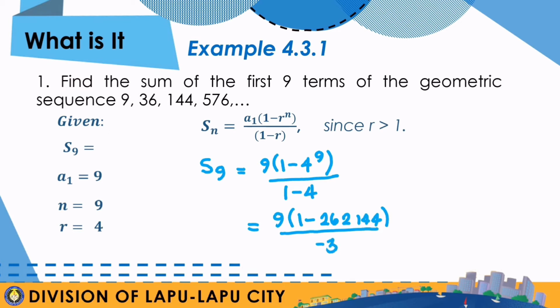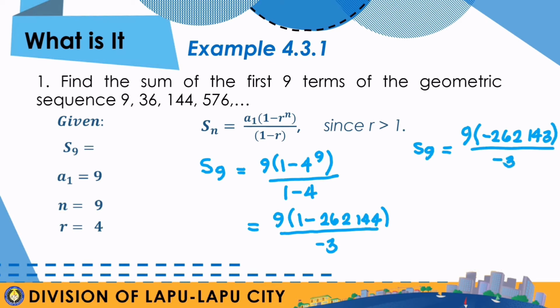S sub 9 is equal to 9 times, now we subtract 1 minus 262,144, and that will give you negative 262,143 over negative 3.